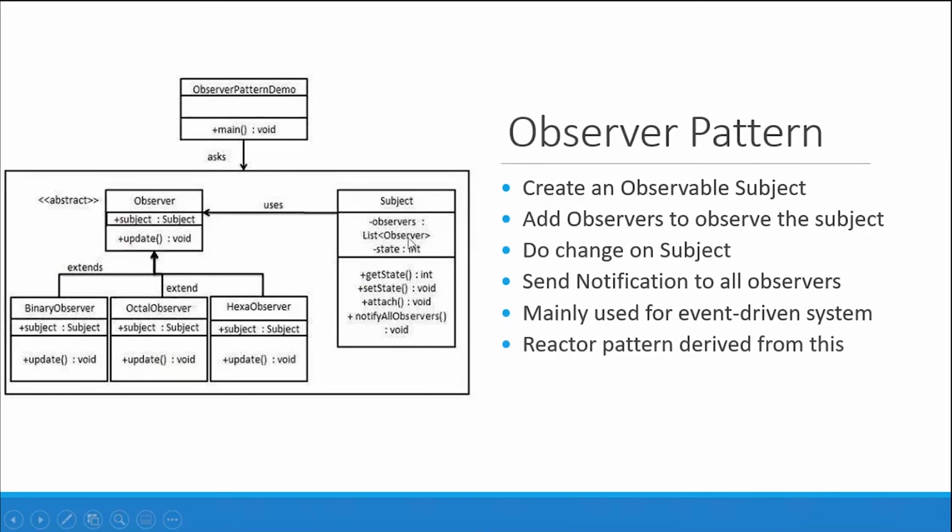We usually create a list of observers and save all the observers there. Once the state is changed, we call notify all observers, which executes the update method on each observer, so we can get the update in each observer. This observer pattern is mainly used in event-driven systems, like sending notifications.